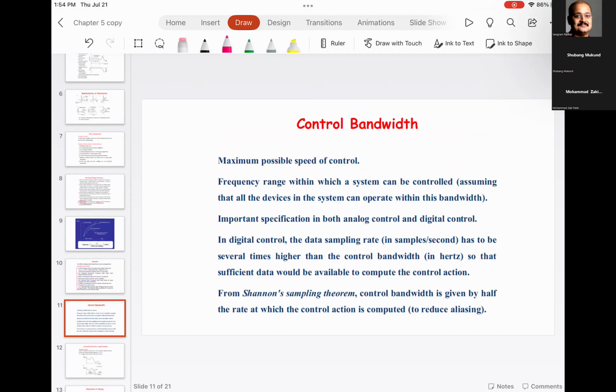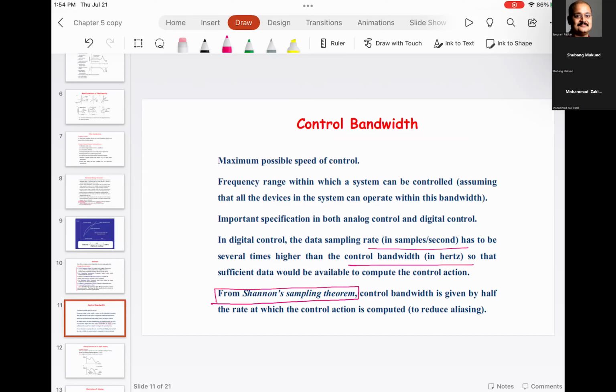Many times, in digital communications, bandwidth is given in terms of samples per second, or signal generation, the amount of frequency the signal can be generated at. And there is something super important, Shannon's sampling theorem.